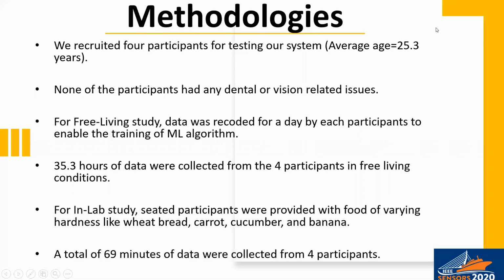For the free living study, data was recorded for a day by each participant to enable the training of a machine learning algorithm. When we saw the data collected from these participants, we observed that there is a data imbalance, as the data for the chewing event was very little compared to the data for the non-chewing event. Hence, this leads to anomaly detection.